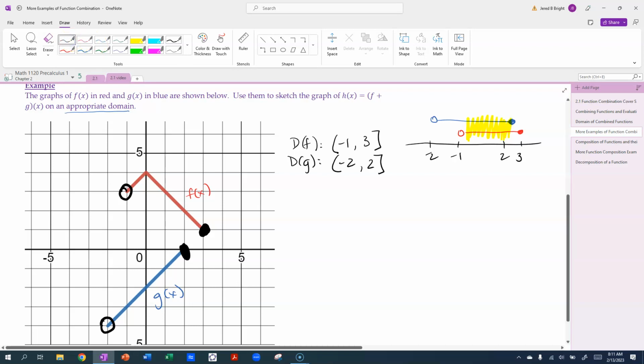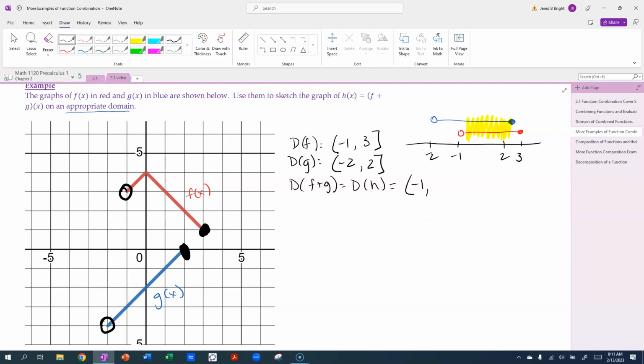The domain for f plus g, which is the domain of h, would be -1 exclusive, because they don't have -1 in common, but just to the right of -1 they have that, and then all the way up until 2 and including 2. That's the domain I'm going to be using.